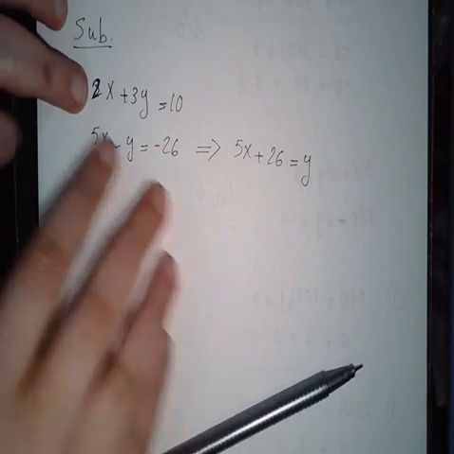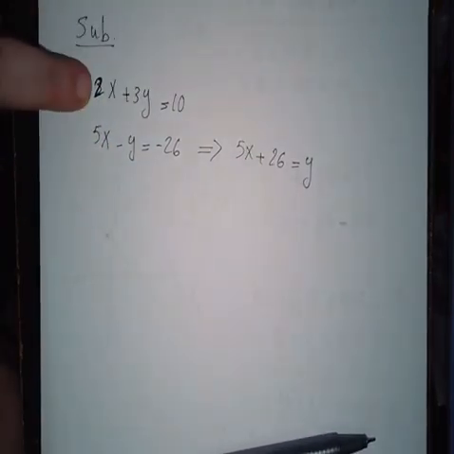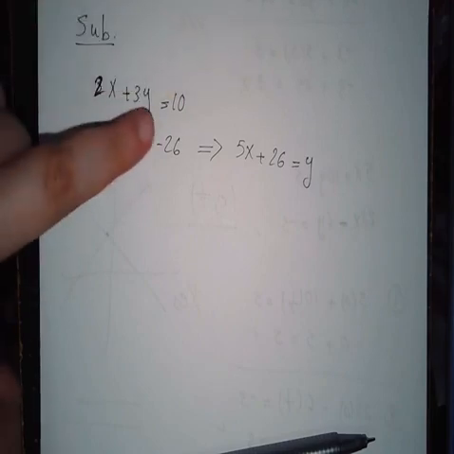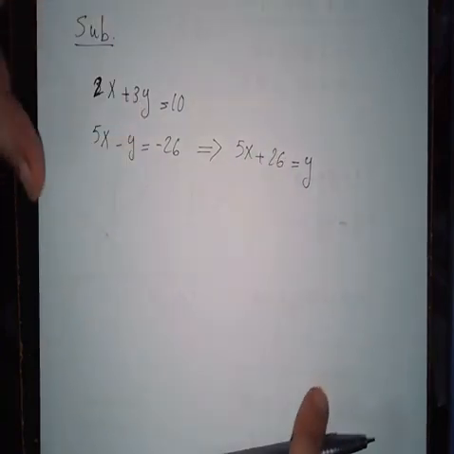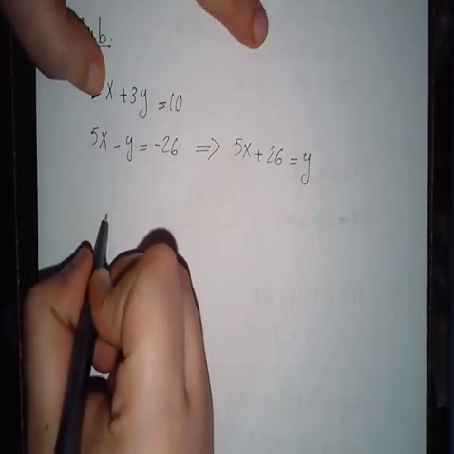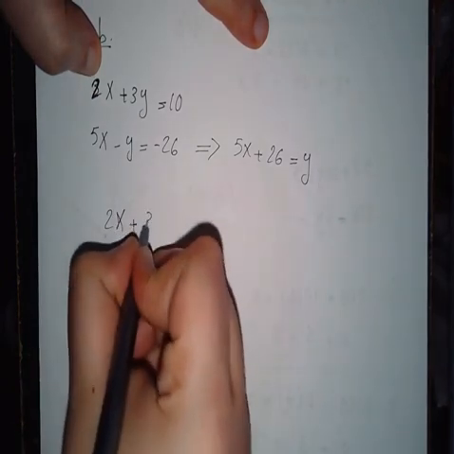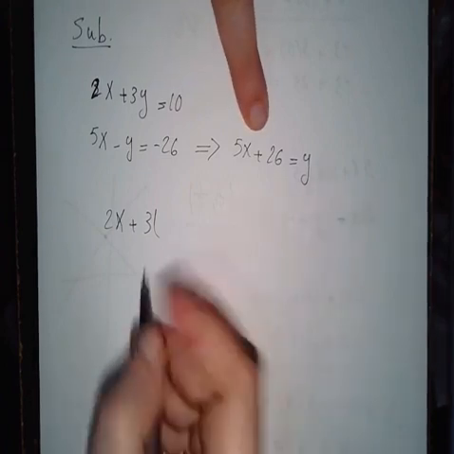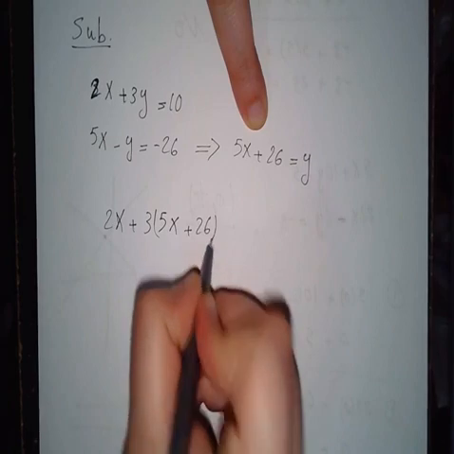Okay. So, now, the second equation says I have 2x plus 3y equals 10. And now we know that 1y equals this, right? So what I'm going to do is write down my first equation, which is 2x plus 3 times y, which happens to be this. So I'm plugging the y in, like that.